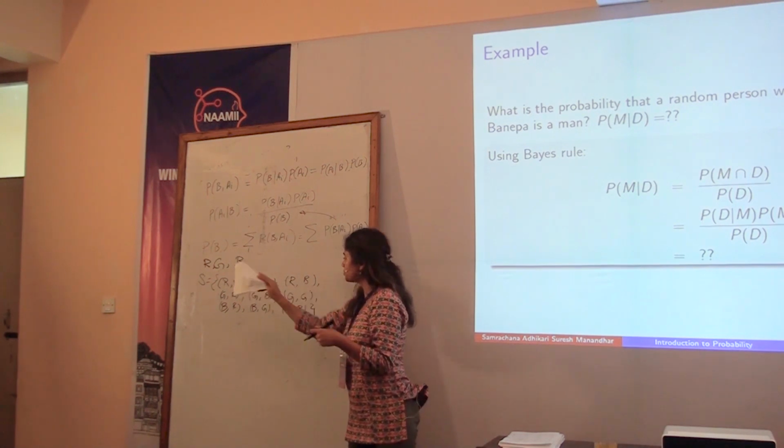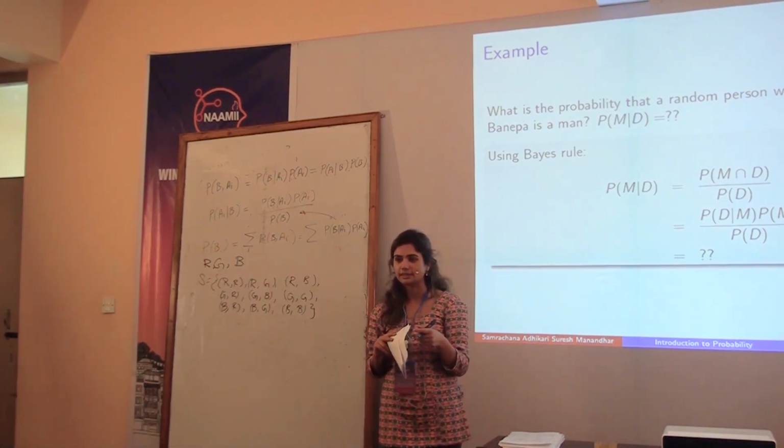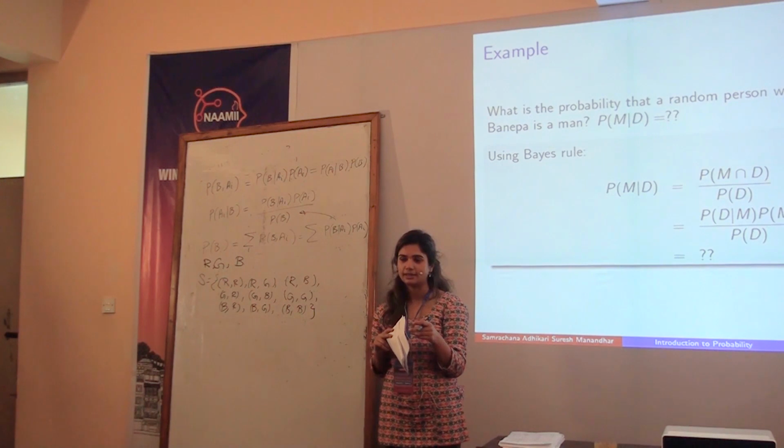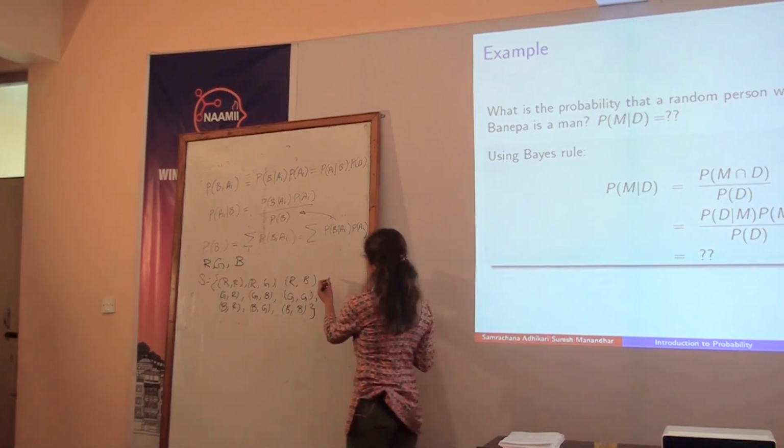So what is the probability of getting one of these events, if each of these is equally likely? 1/9.